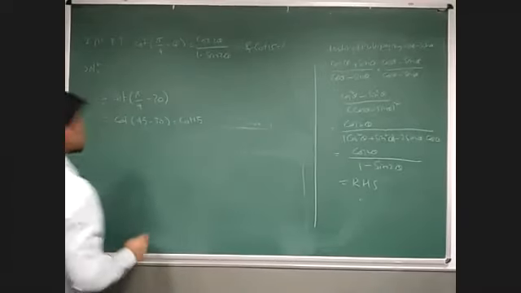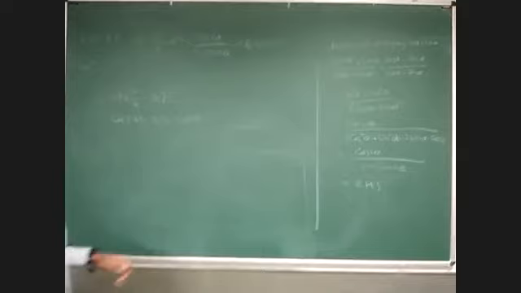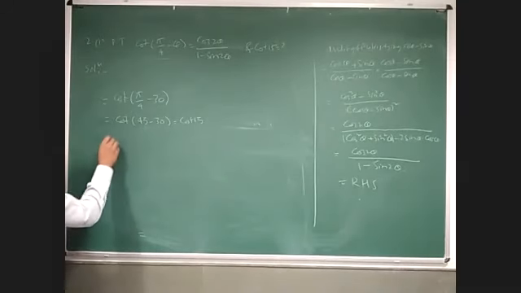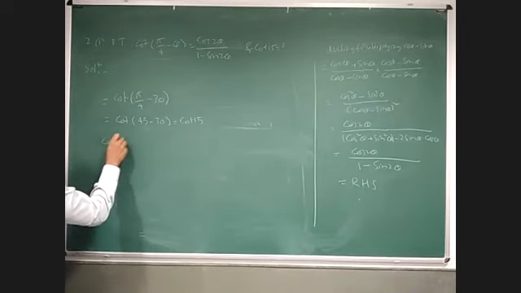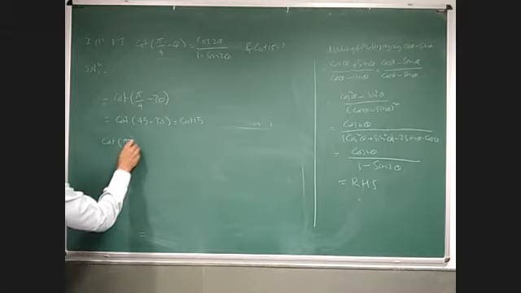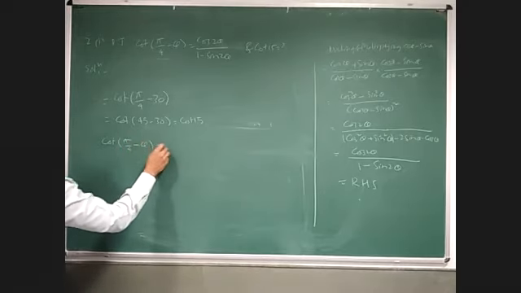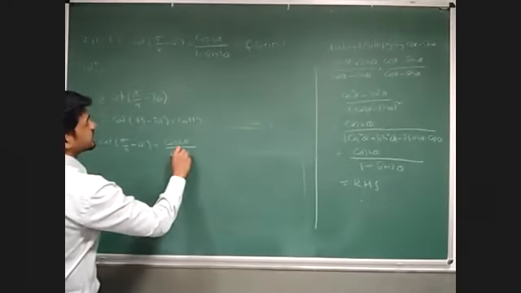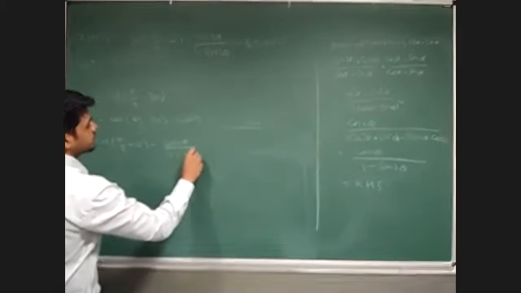So this is cot 15. I know that cot(pi/4 minus theta) is equal to cos 2 theta over 1 minus sin 2 theta.